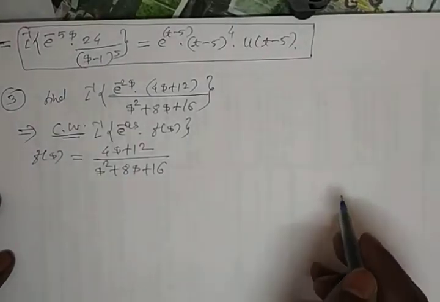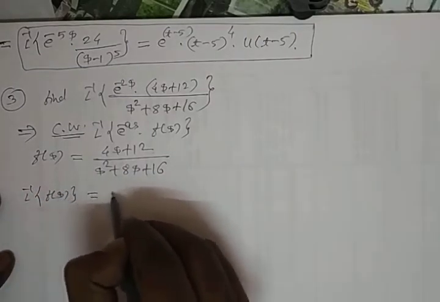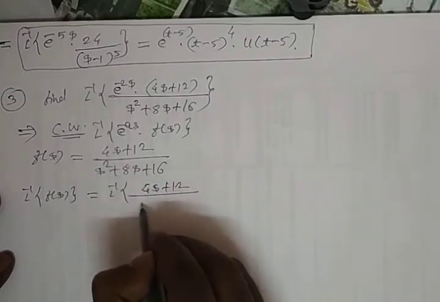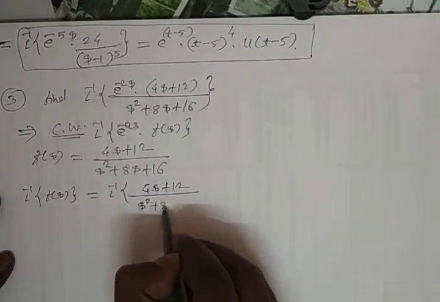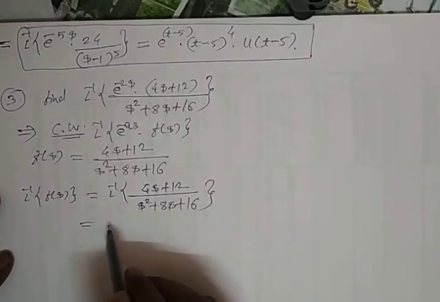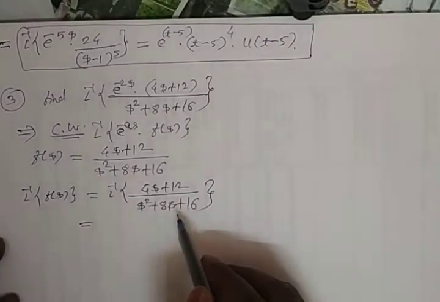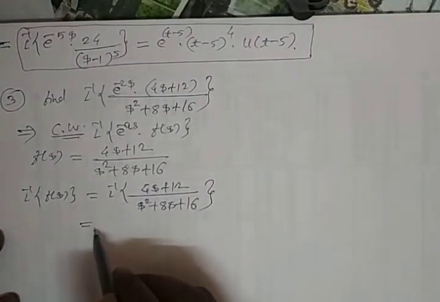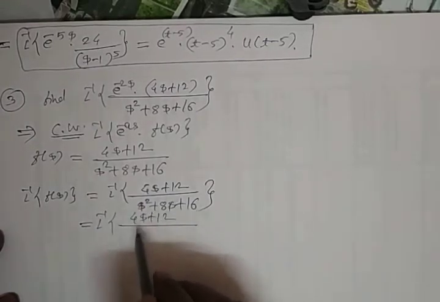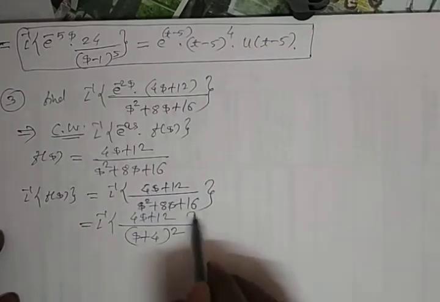So first of all we have to find out Laplace inverse of this. So Laplace inverse of f of s is equal to Laplace inverse of 4s plus 12 upon s square plus 8s plus 16. First of all we have to see whether this particular denominator is a perfect square or not. I think it is a perfect square. So Laplace inverse of 4s plus 12 upon, this can be written as s plus 4 bracket square.